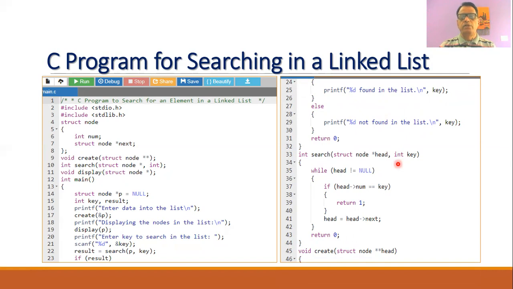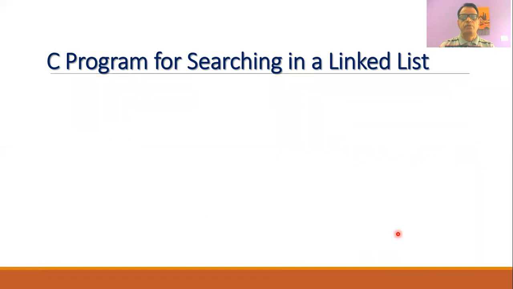Then we will write the search function in the program. In the search function, we will check whether the start pointer is equal to null or not, and correspondingly, we will return either 1 or 0. Then we will write a create function for the creation of the nodes.